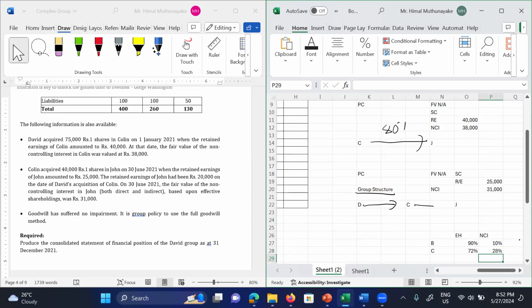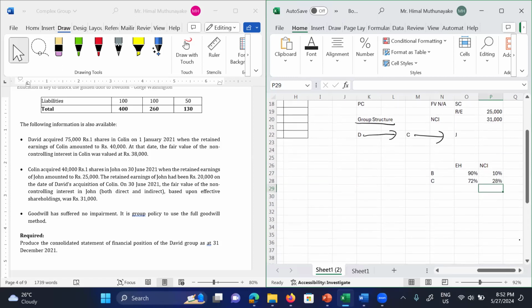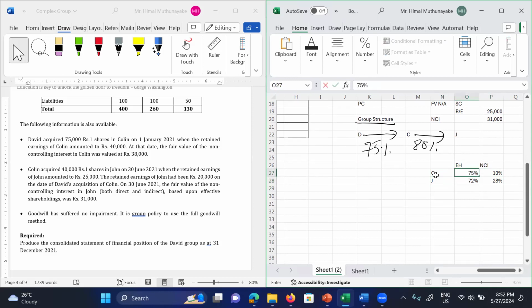D owns 75% of C, and C owns 80% of J. The effective control of C is 75%, and NCI is 25%. For J, 75 multiplied by 80 gives 60, and the NCI balance would be 40. Effective holding is also done.